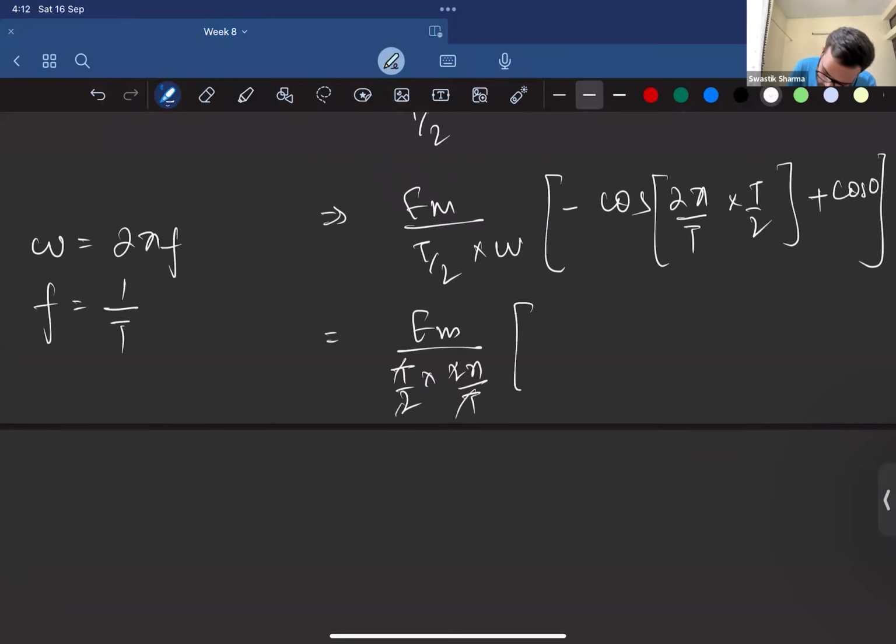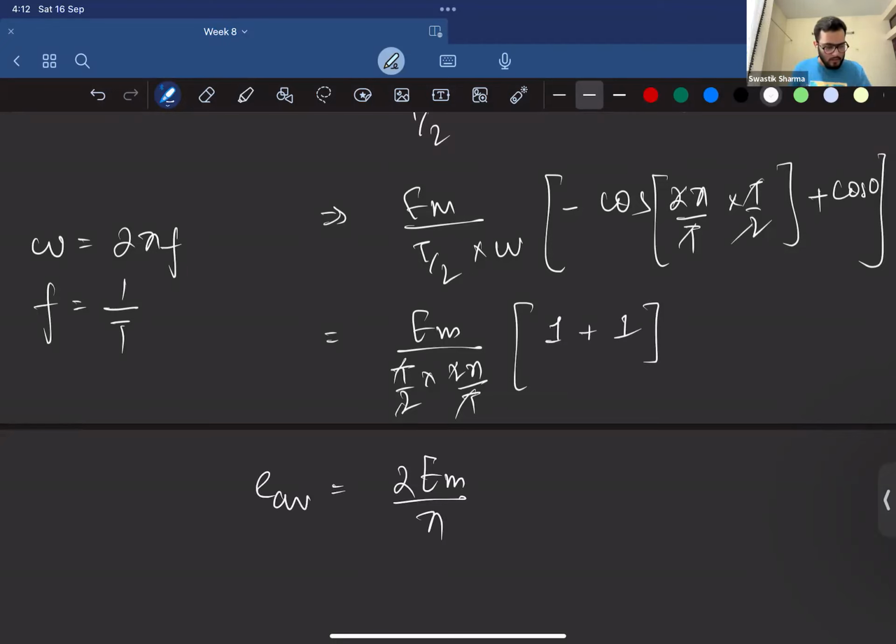So this comes out to be cos of pi, which is minus 1, right? So the average value, is it correct? 2 Em by pi.